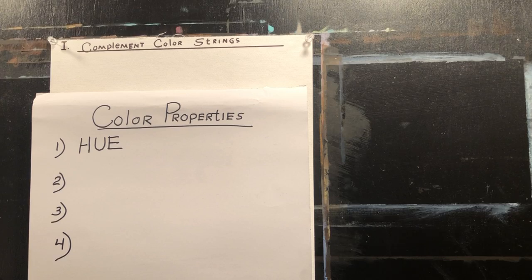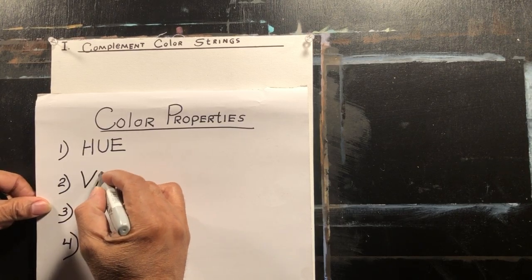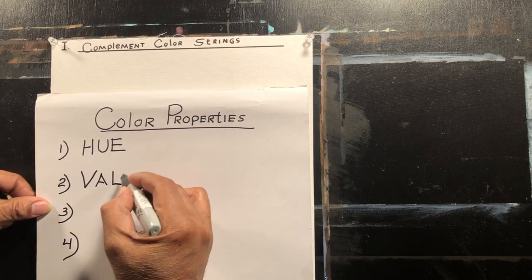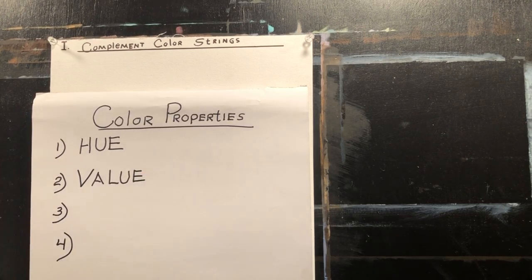That's the hue. The next property will be value. Value means the lightness or darkness of a color.